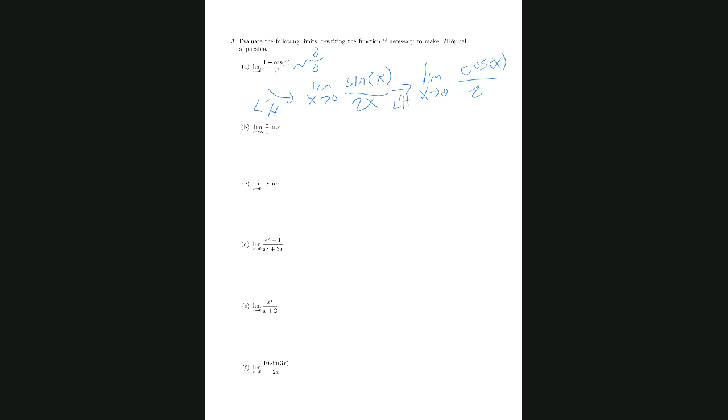You have to make sure that you're still getting an indeterminate form before you plug it in again. If I'd gotten something like 0 over 2 or 2 over 0, I wouldn't want to use L'Hopital's rule. Now when you plug 0 into this final form, you get cosine of 0 over 2. Cosine of 0 is 1, so this is just 1/2.